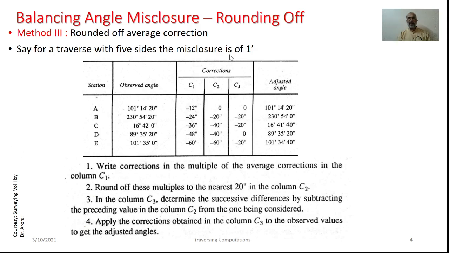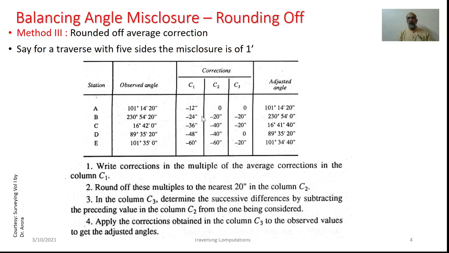Hence, by assuming this particular misclosure, we can apply this correction as a multiple of the average correction in this column. So, the way you see minus 12 second, minus 24 second, minus 30 second, and accordingly.